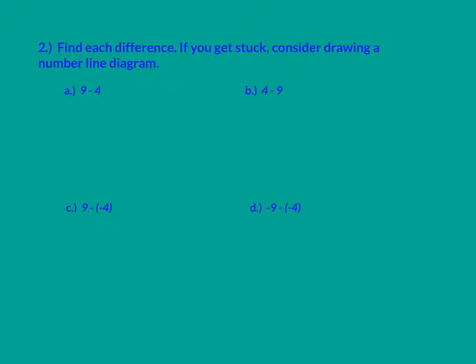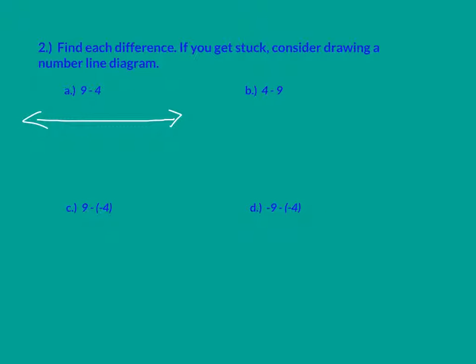Next, I have to find each difference. It does say if I get stuck, I can use the number line diagram, which I'd say, you know what, I'm going to do 2 of these using the number line and 2 of these using the rule. And you can obviously use either of those ways. So using the number line here, I'm going to draw my number line.